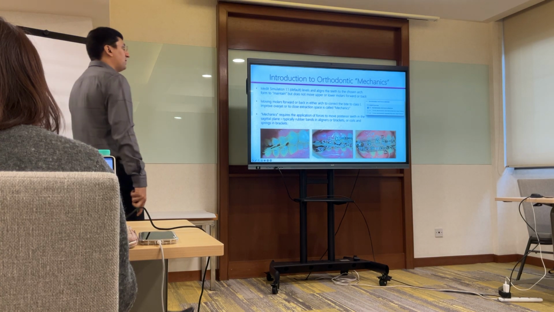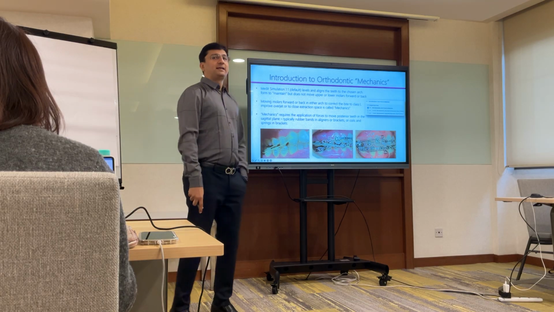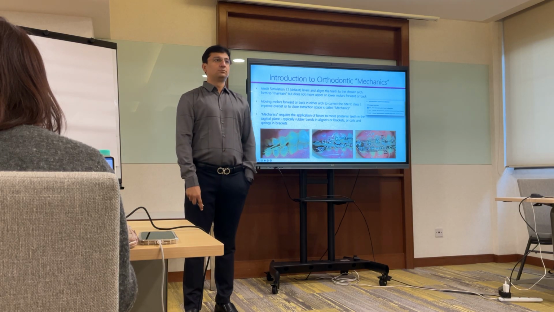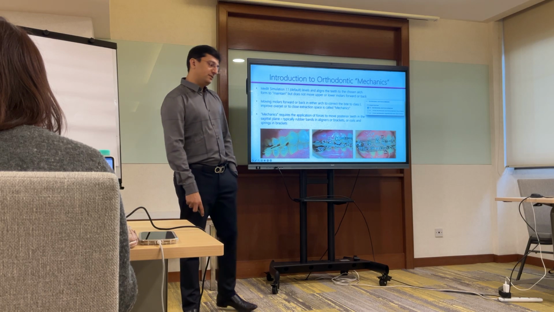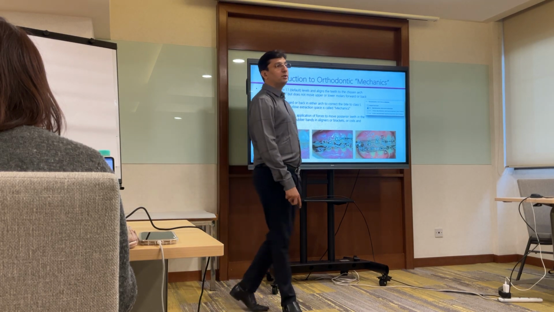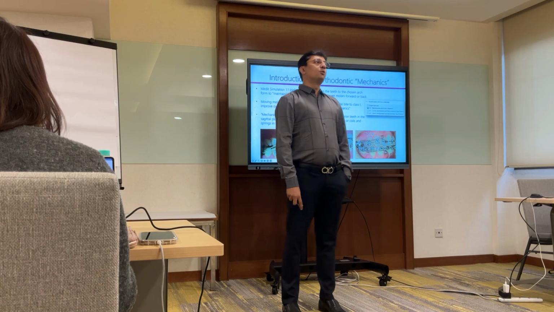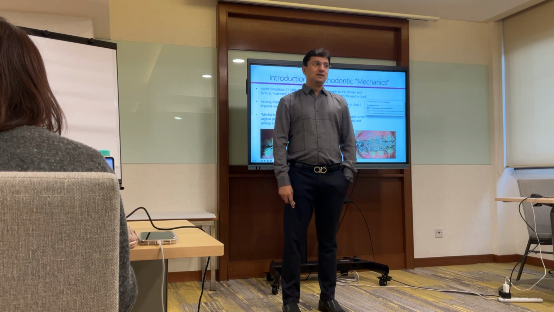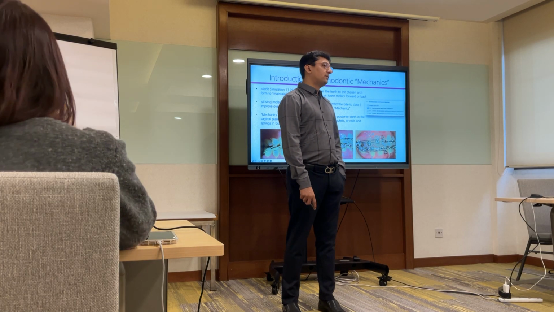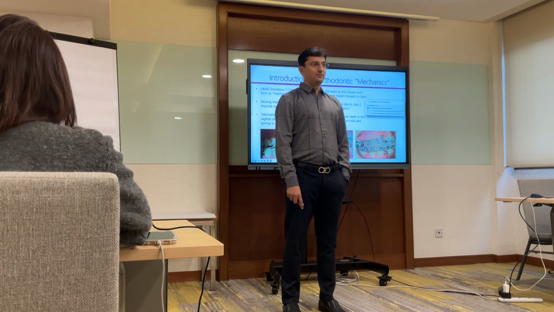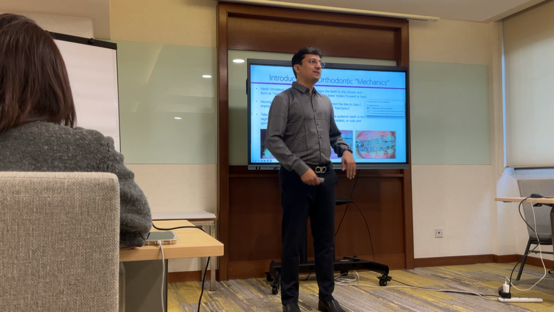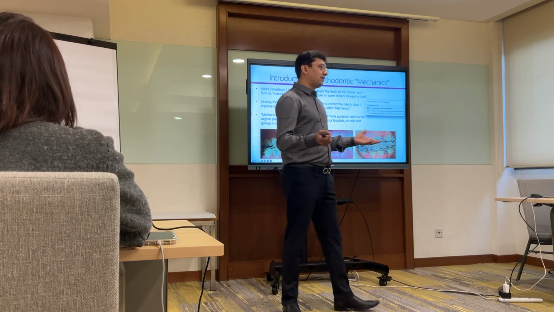We're going to give you some introduction to mechanics. What do you mean by mechanics? Mechanics principally means moving your molars. If your molars are class 1 and you have crooked teeth, the moment you align your teeth, the treatment is done. You just have to align, and everything is going to be class 1.